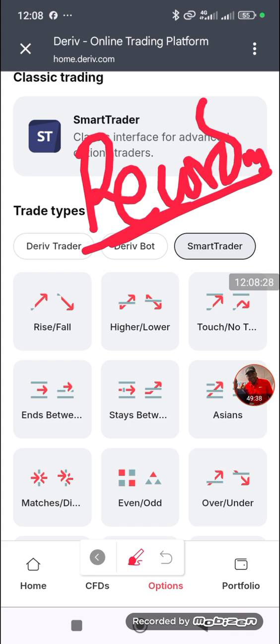Now, you can also become a master partner. Let's say you have been trading for a long time and you have also started training other people. You can chat me up, I'll give you a link. You become a master partner, whereby the people you register, you sign them up as your own clients, and as they are trading and making profit, you also make profit. Are you getting me?